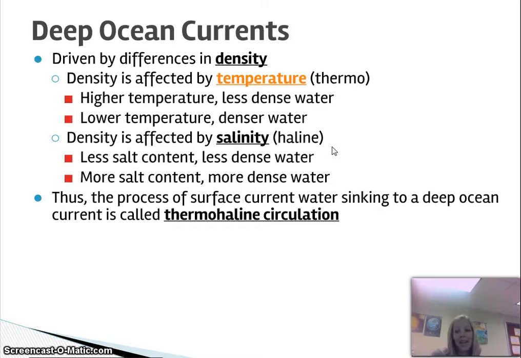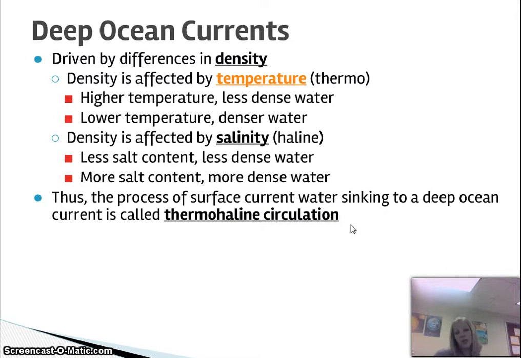The mineral halite is natural salt, and so the word haline usually refers to salt. When you put these two words together, we're talking about how temperature and salt create circulation of the water between surface and deep ocean currents.